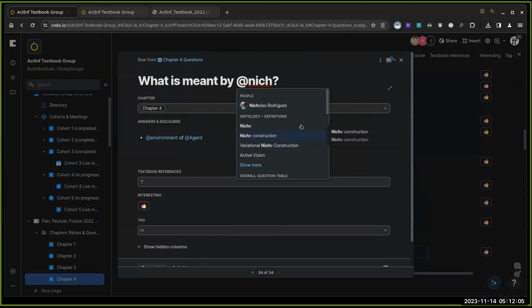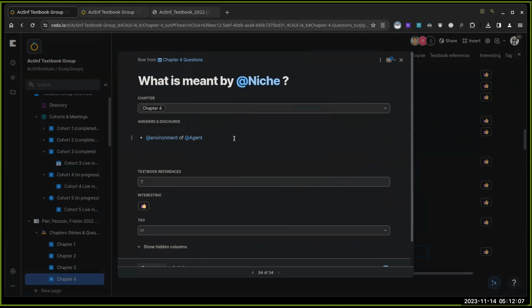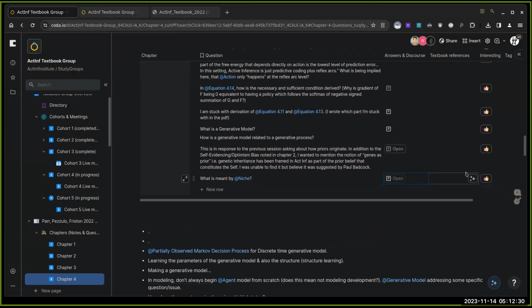Environment of the agent, partially constructed or conformed by the agent. Yeah, maybe possible for them to modify or construct it, but not necessarily. But yes, across the interaction, it has to exist. Okay.